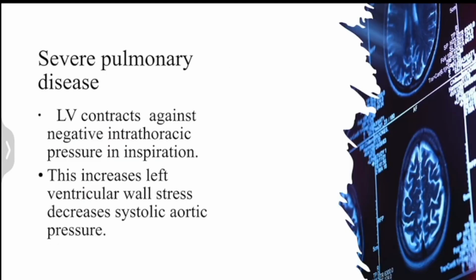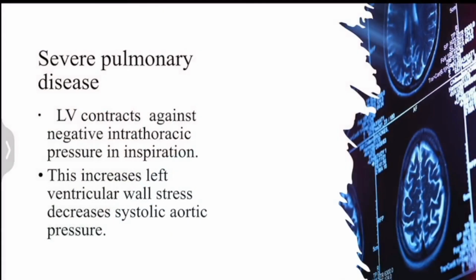In severe pulmonary disease, what will happen? There is a heightened negative pressure inside. The high intrathoracic negative pressure will lead to sequestration of blood, which we have mentioned already. And also the left ventricle is contracting against this negative intrathoracic pressure during inspiration. That is, the chest is expanding, there is negative pressure, and against that the left ventricle is contracting.